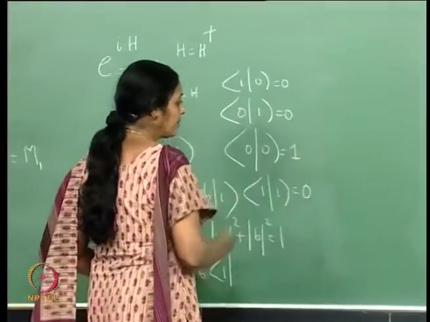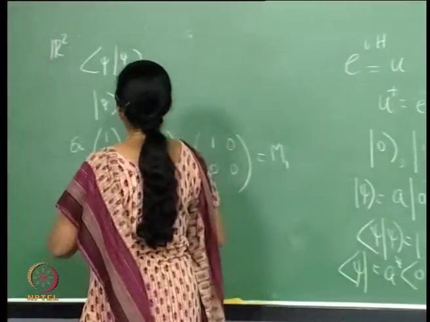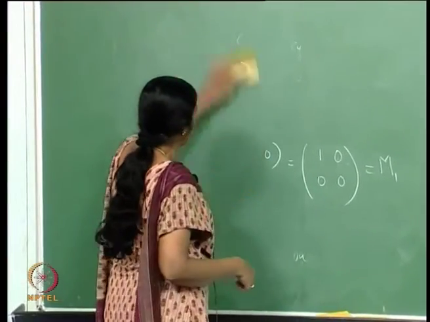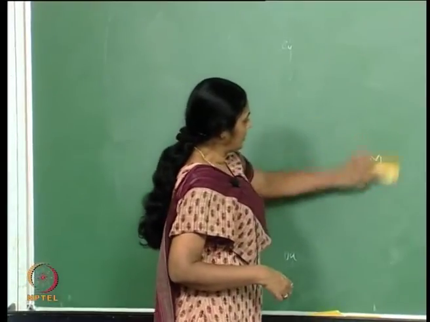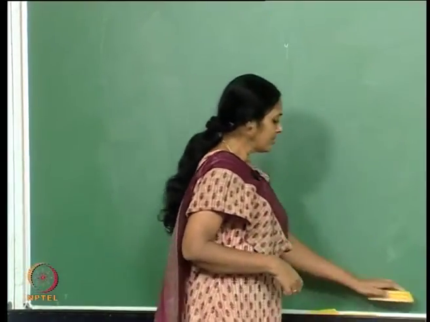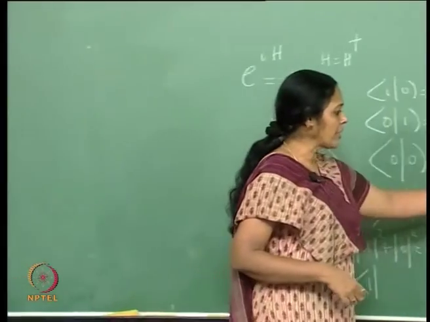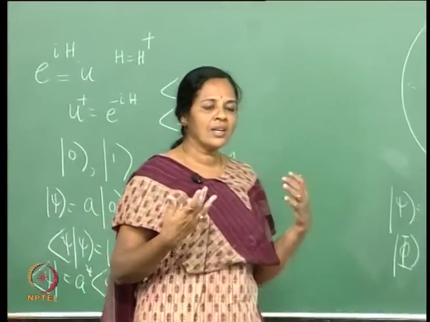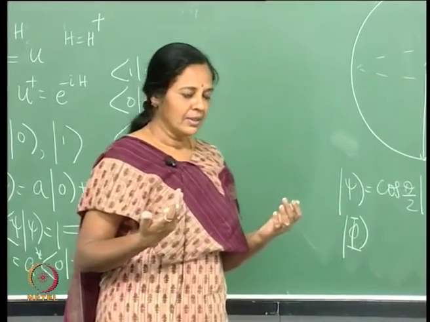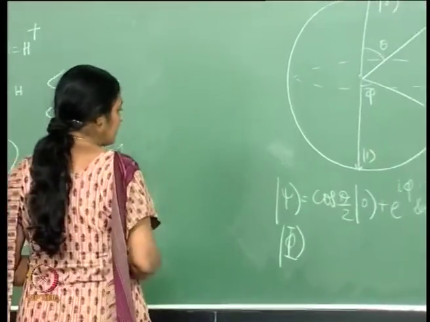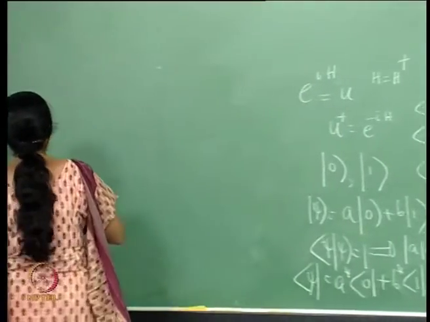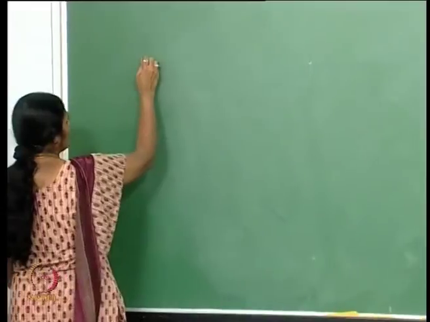Now, the other thing that I want to talk about, the other physical situation. The first one that I spoke about was harnessing information by storing it in qubits. The other situation is in the context of angular momentum.